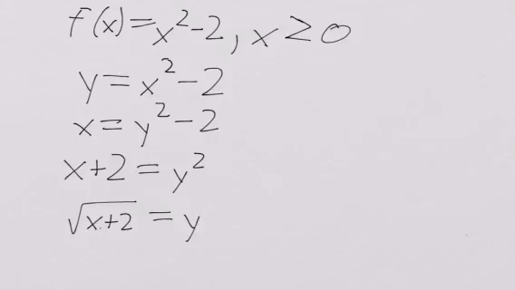So now the final step is simply going to be to state f inverse of x is equal to the square root of x plus 2. So that's how we can restrict the domain to get ourselves an inverse function.